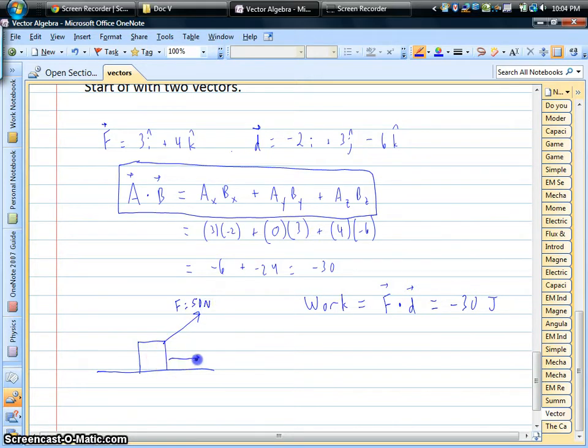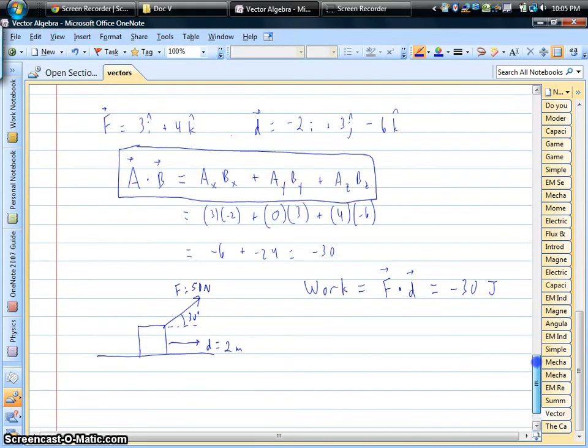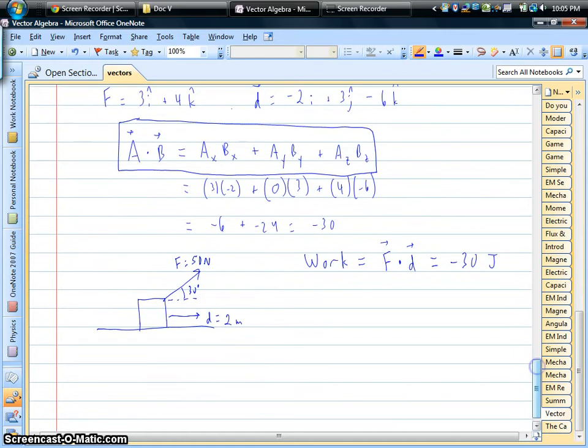And the motion is only sideways. Okay, maybe you're pulling at something like a 30-degree angle. And your displacement that the box slides, let's say that's 2 meters. Okay, whatever the numbers happen to be. And the problem is you want to find out how much work is being done by that force to move that box. Well, we don't have the x, y, and z components of these two vectors.